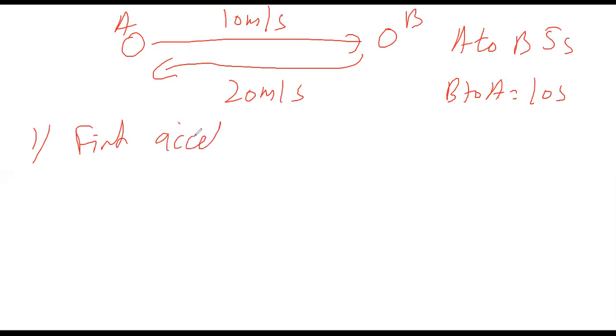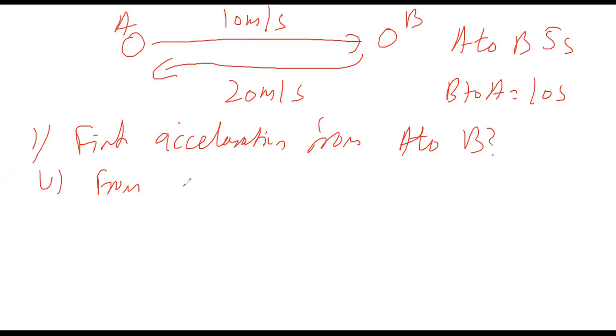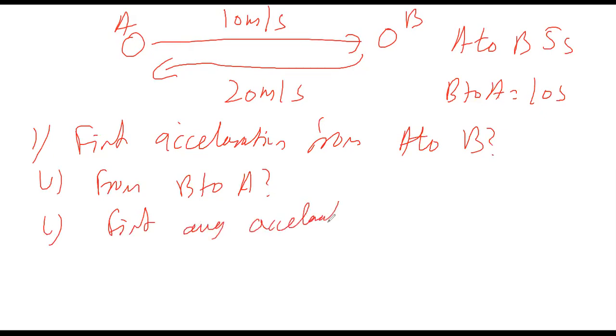The question is, part A: find acceleration from A to B. Part B: find acceleration from B to A. And part C is to find the average acceleration from A to B and then back to A. So these are three parts.